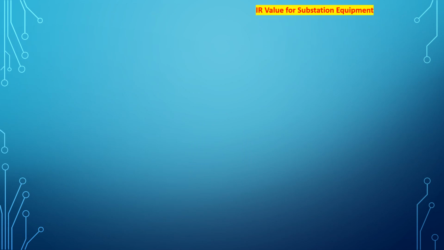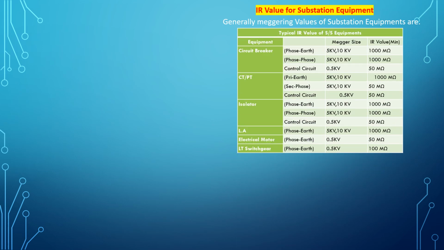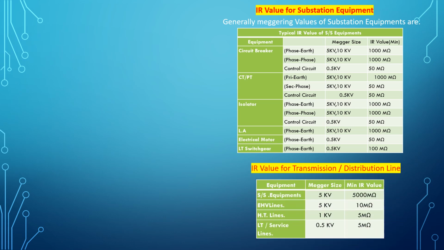Higher values for substation equipment. So generally, measuring values of substation equipment are circuit breaker, CT, PT or VT, and isolator, down to LT switchgear. So this is all the information, guys, for our substation equipment or our switchgear. So IR value for transmission and distribution line.